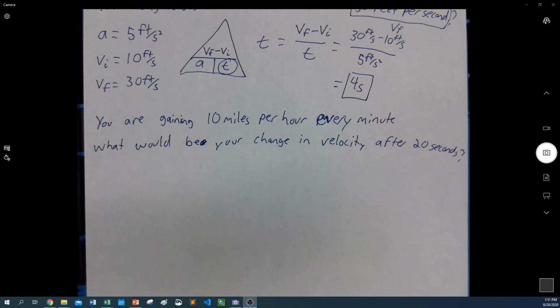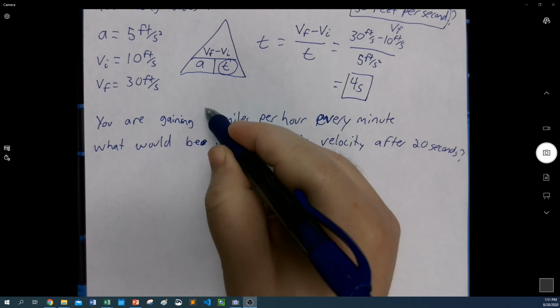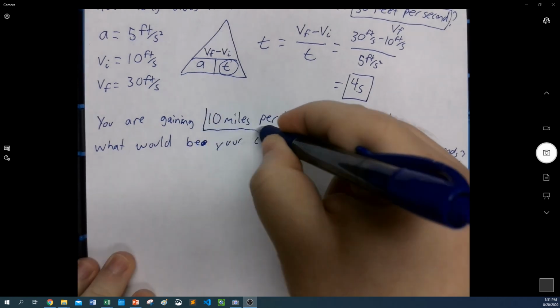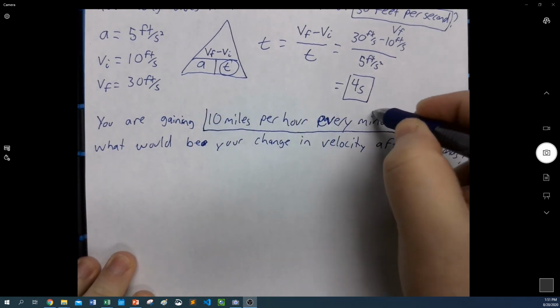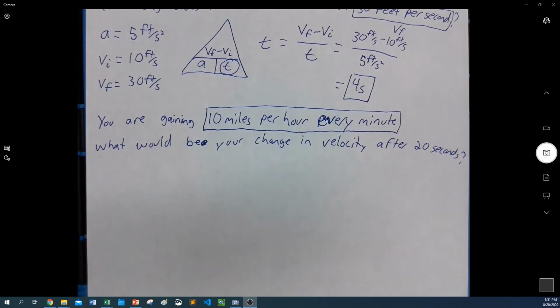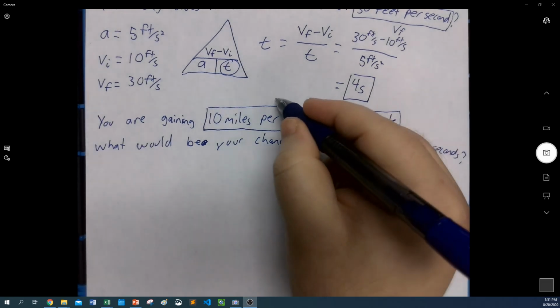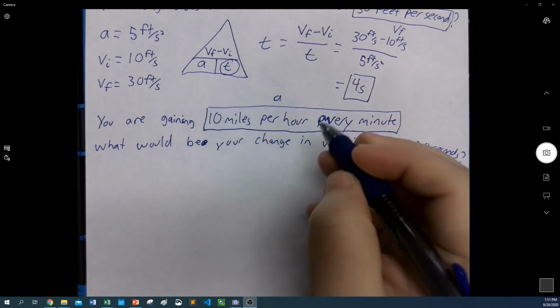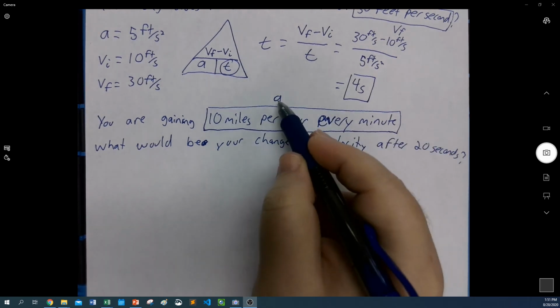Anyone get an answer? So 10 miles per hour every minute. This is, so miles per hour is speed, and it's changing every minute. So that's acceleration.